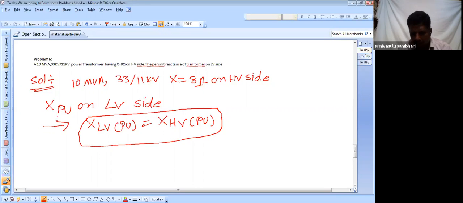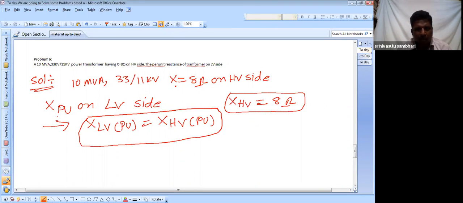Now, X equal to 8 ohms means this is the equivalent reactance on the HV side, the XHV actual value.